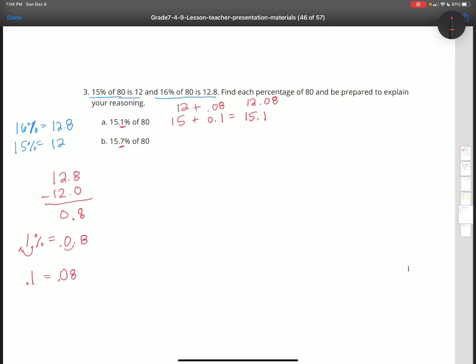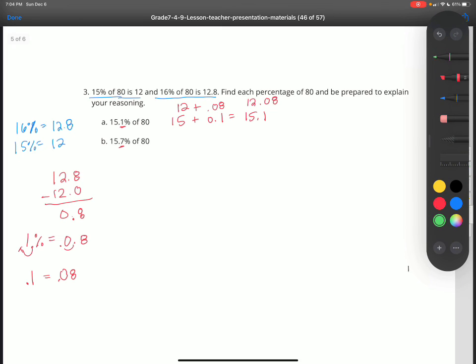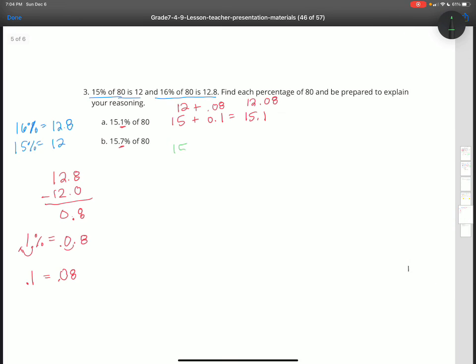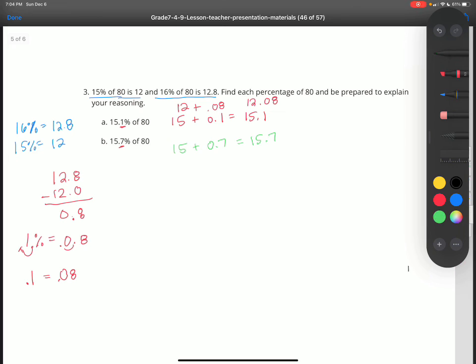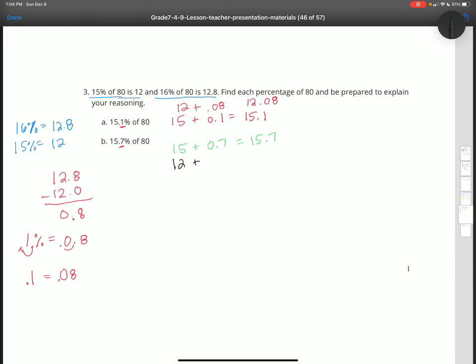Okay, so now for the next one, which I'll use green, I have 15 plus 0.7, which equals 15.7. Well, we know that 15% is 12 plus. Now, to figure this out, we could use the ratios from Unit 2, our Unit 1, or with our 6th grade lessons. And we could say, oh, this is 0.8. Okay, so now it's 0.7.